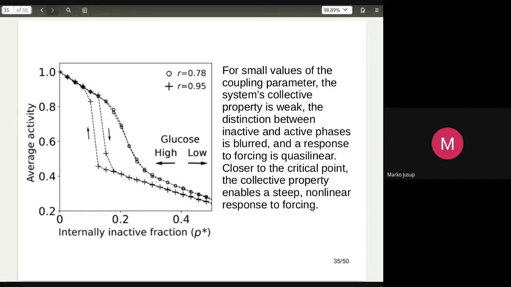But we believe that what is more physiological is what the circles are showing here. Cells are not responding much, and then when glucose concentration reaches the critical level, the activity explodes, and when the concentration is returned back, they again become inactive.